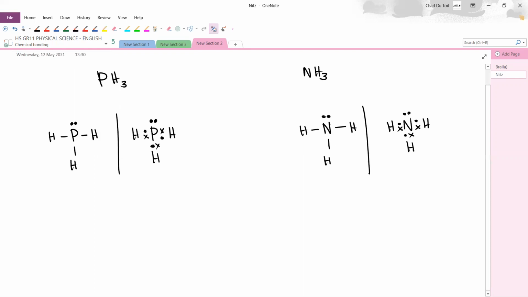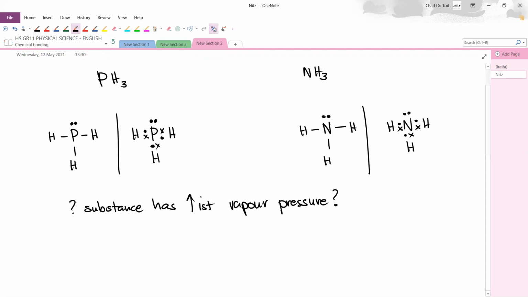Okay, now, question, 4 marks. Which substance, I'm not going to look at the molecule, which substance has the highest vapor pressure? Vapor pressure. What does vapor pressure mean?